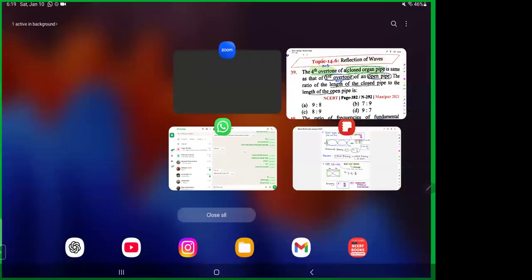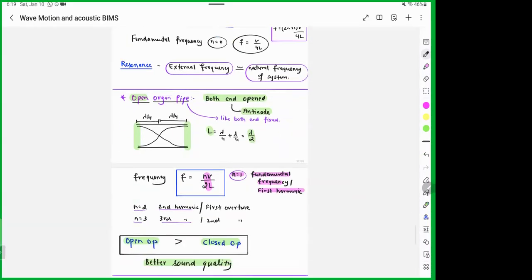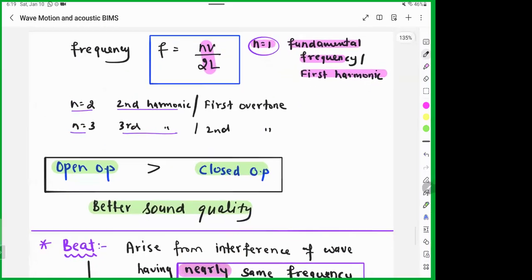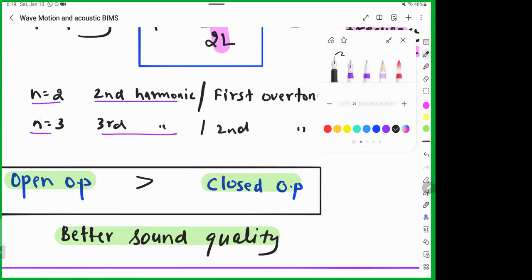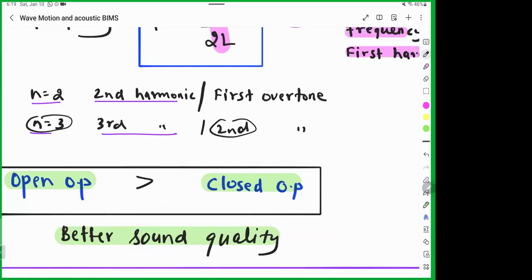See, look at this. What is third overtone? n value 3, second overtone. n value 4, fourth harmonic, and third overtone. Correct? So when n value is 4, you have third overtone.